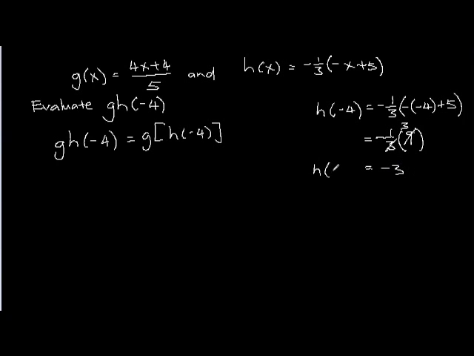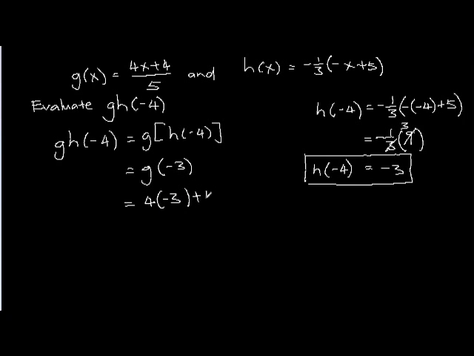So now I'm going to squeeze the whole thing here into function g. So this is equal to g(negative 3), because h(negative 4) is negative 3, and thus is equal to 4 times the input, which is now negative 3, plus 4, over 5.